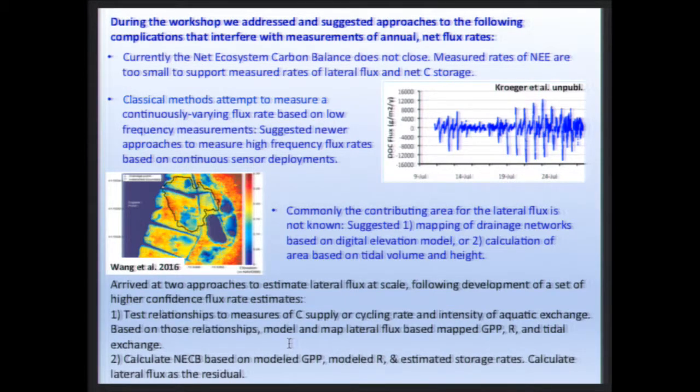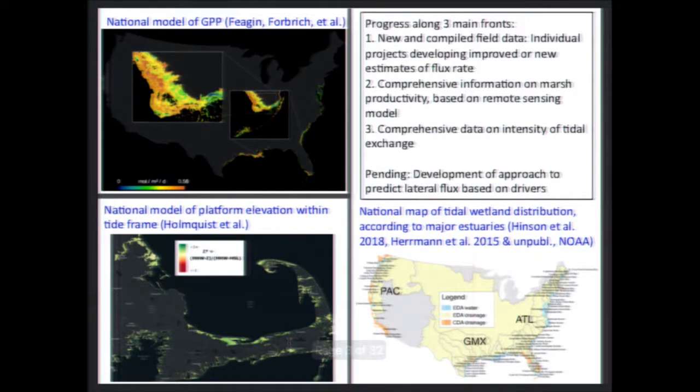Or if that approach is not effective, then we will essentially calculate a budget and try to close the budget based on difference. And progress has occurred along three main fronts. First, we have new and compiled field data. This is the most difficult part of the effort, to get high-quality annual flux rates from a number of different kinds of sites around the country.